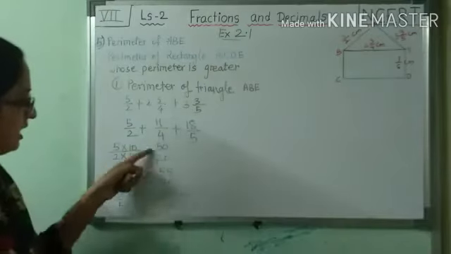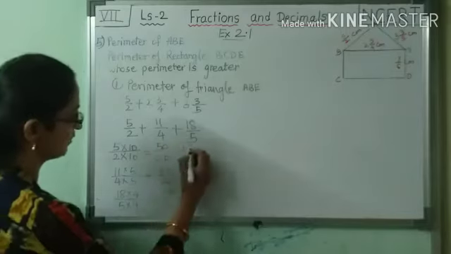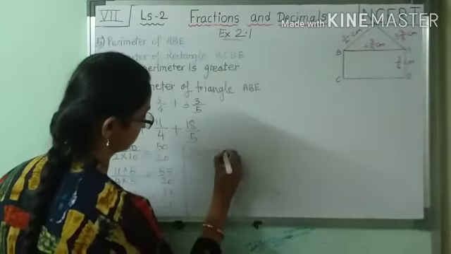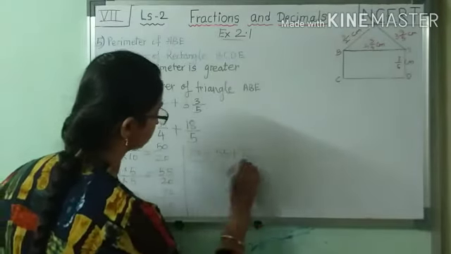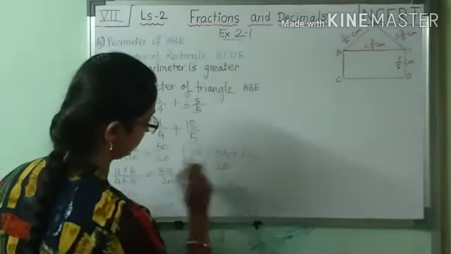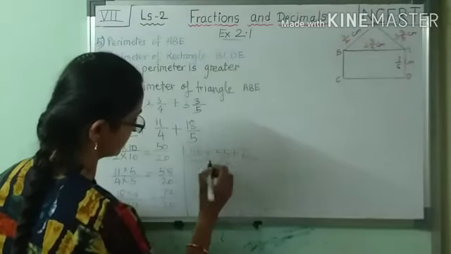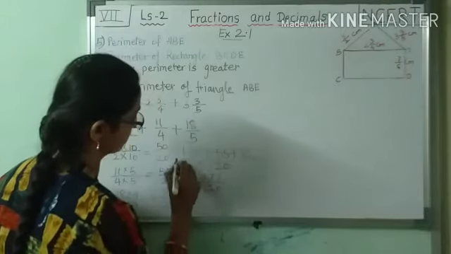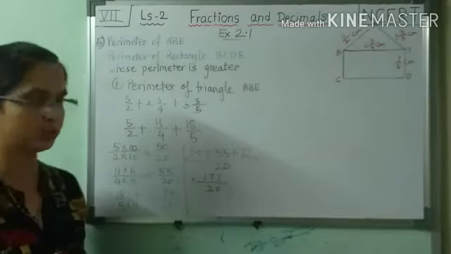Now add these three like fractions. This 50 plus 55 plus this 72. Write 20 as denominator. Now add: 2 plus 5 is 7. 7 plus 5 is 12. 12 plus 5 is 17. So now we got this fraction 177/20.